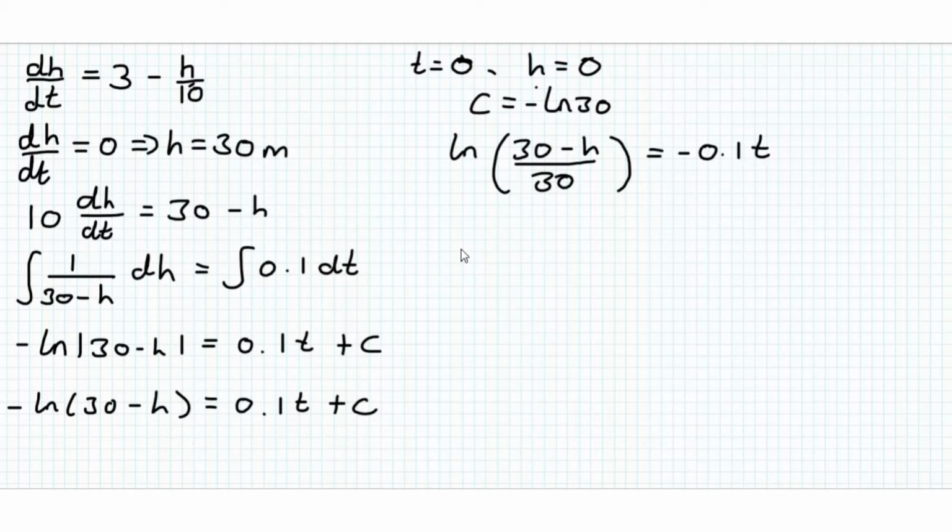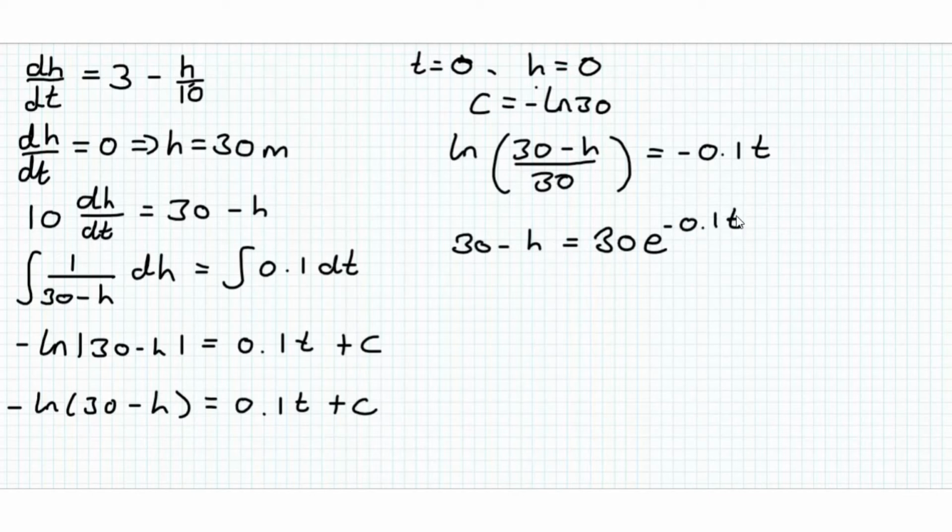Then we want to take exponentials on both sides, so that gives us 30 minus h, which would be over 30, but we're going to multiply it by 30 as well in this step, so that gives us 30 e to the minus 0.1 t there.